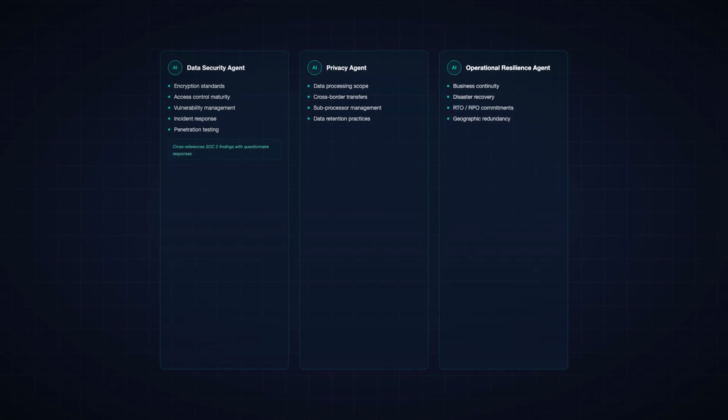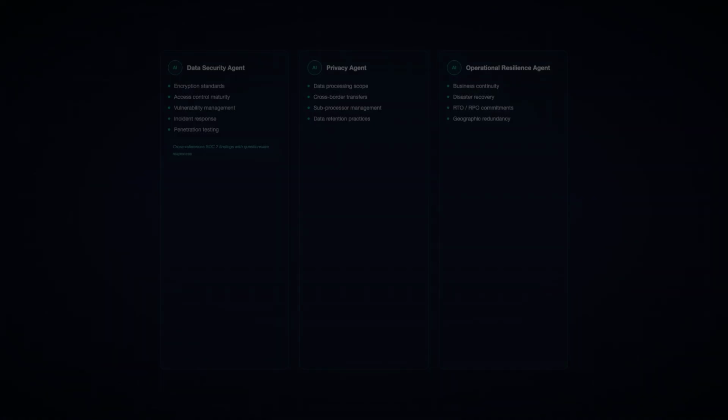The AI operational resilience agent evaluates business continuity, disaster recovery, RTO and RPO commitments, and geographic redundancy. The AI financial stability agent evaluates funding history, customer concentration risk, revenue trajectory, and going concern signals.